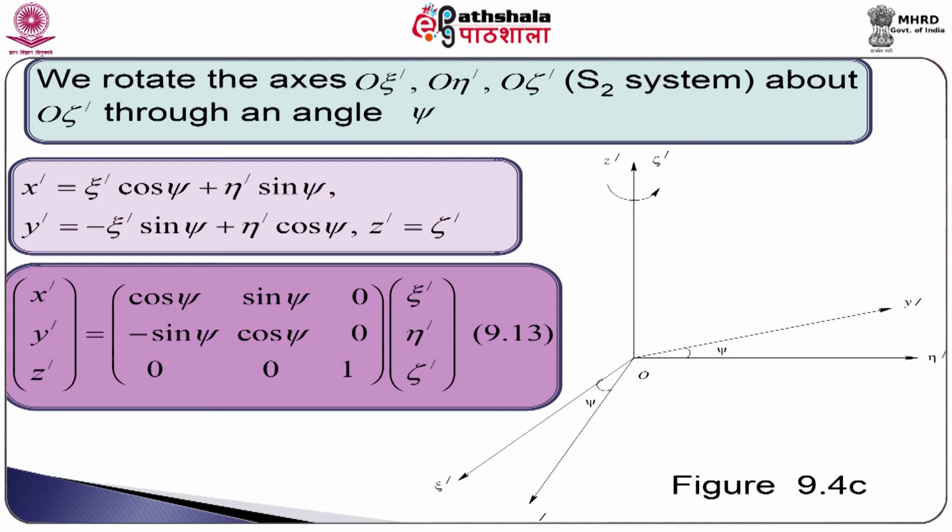From figure 9.4c you can find it. Then from coordinate geometry we have x dash equal to xi dash cos psi plus eta dash sin psi, y dash equal to minus xi dash sin psi plus eta dash cos psi, z dash equal to zeta dash. One can write it using a matrix, which is given in 9.13.